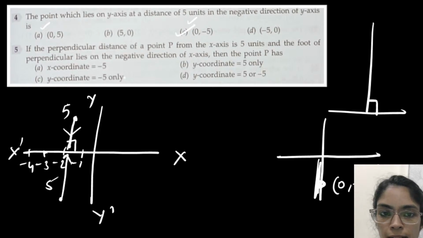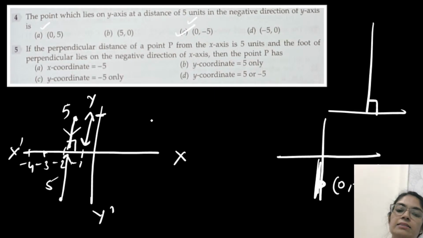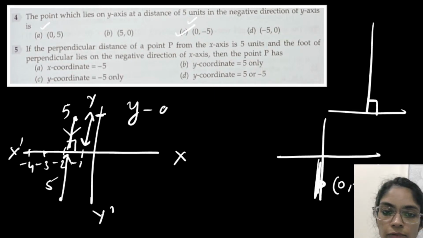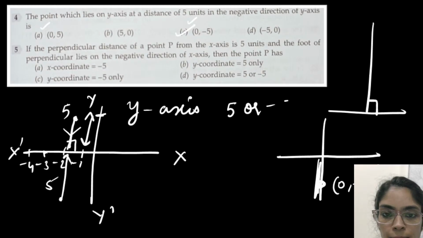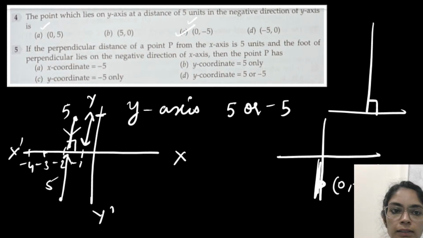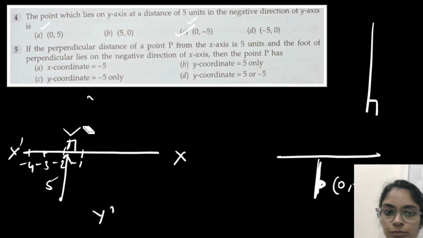So this can be the y ordinate, because the distance from the x-axis will be here. If you measure the distance from the x-axis, that point will always lie on the y-axis. And because it is going towards the negative x-axis, it can be positive 5 also, and negative 5 also. Option C. Why option C? It can be both. Once again I'll repeat its explanation.